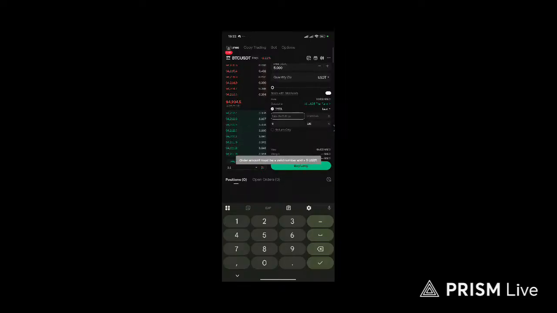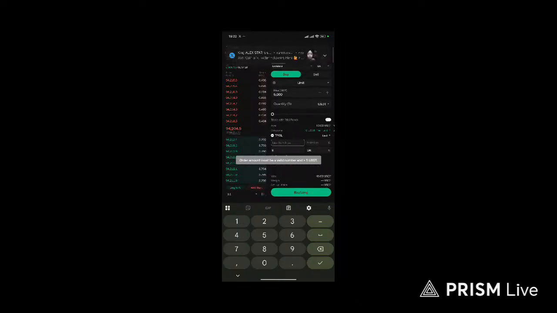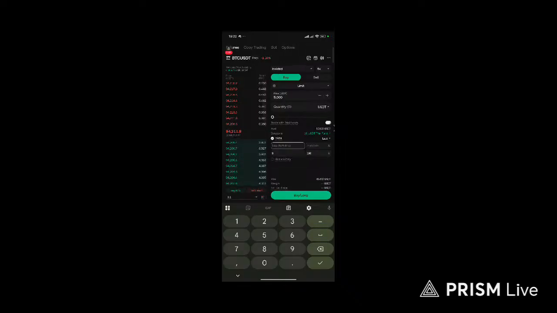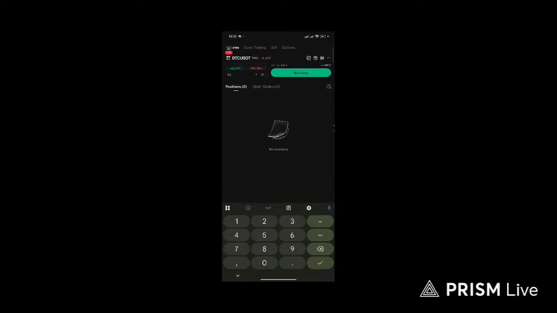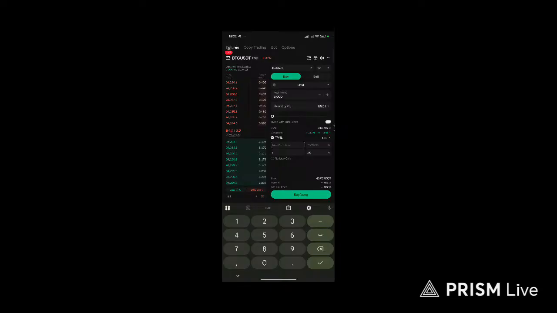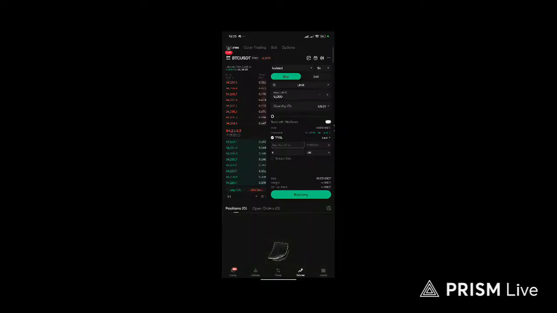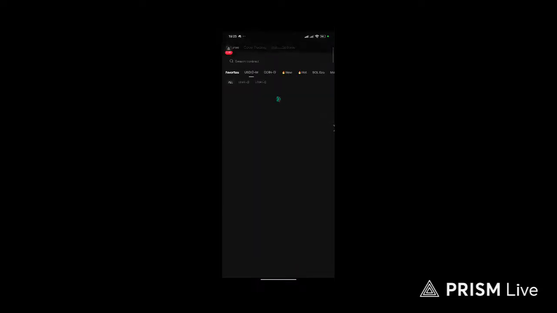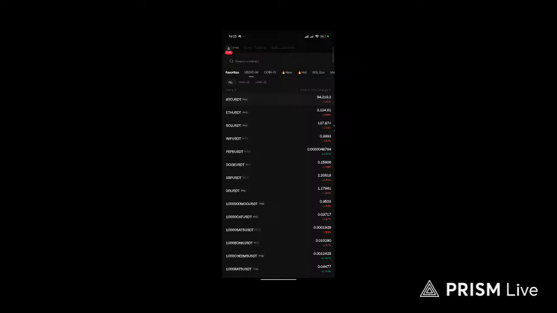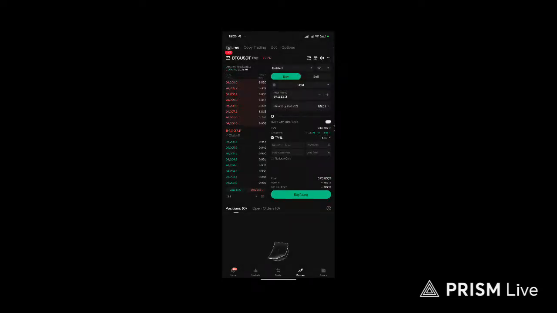So this is where you're going to place your trade. When you deposit your money, you first of all come to futures. You select the pair you want to trade. If it is BTC, you click on it. You enter the values that you want, your take profit, your stop loss. But for now, I'm going to wait for that trade to trigger before I enter.